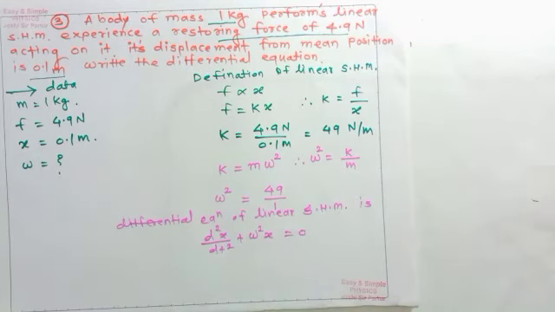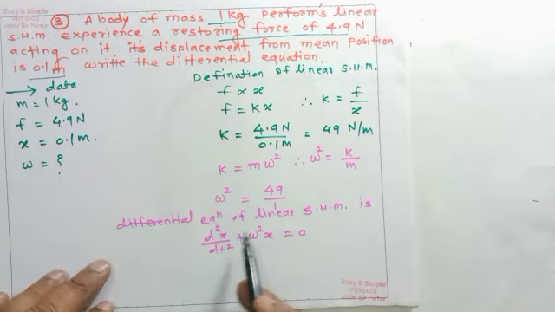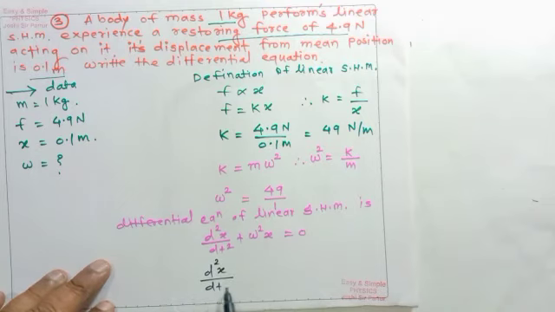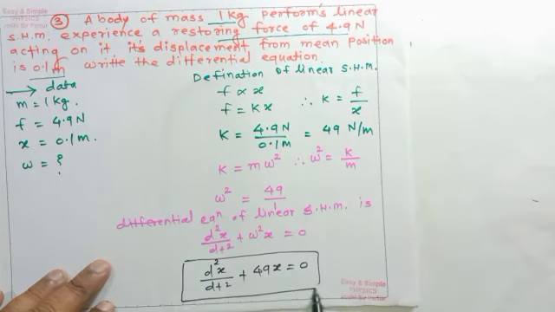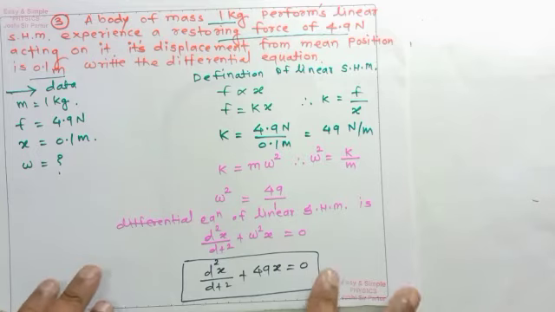So the answer for the differential equation of linear SHM will be d2x upon dt square plus 49x equal to 0. That is the answer of example number 3.